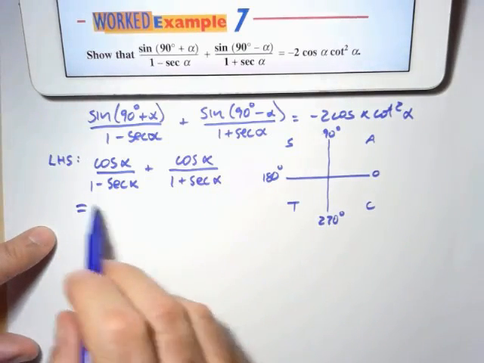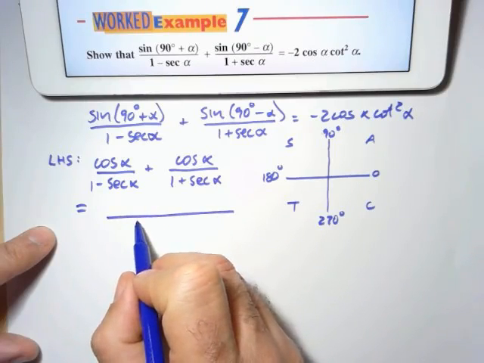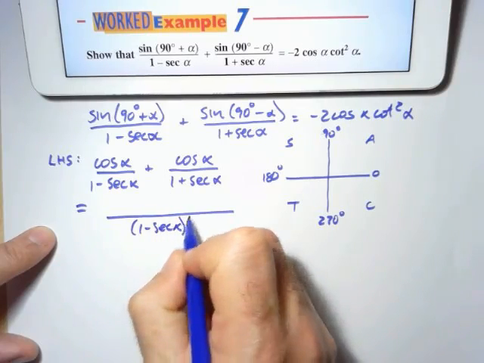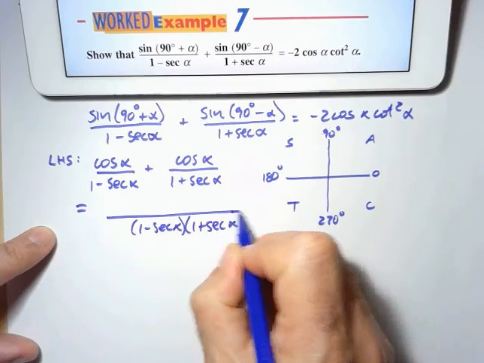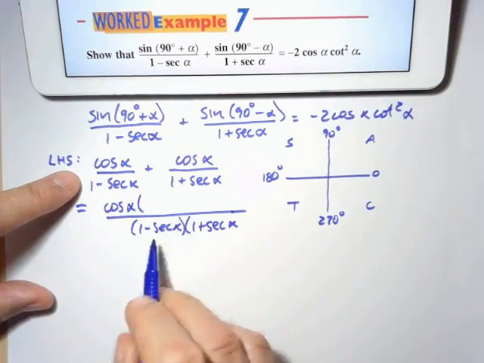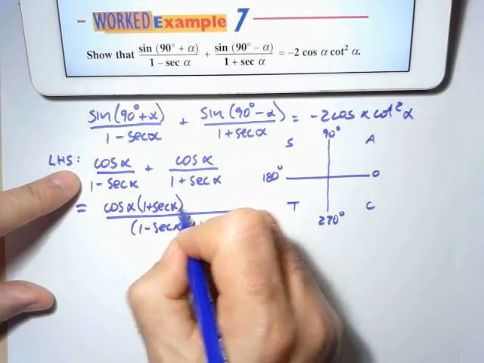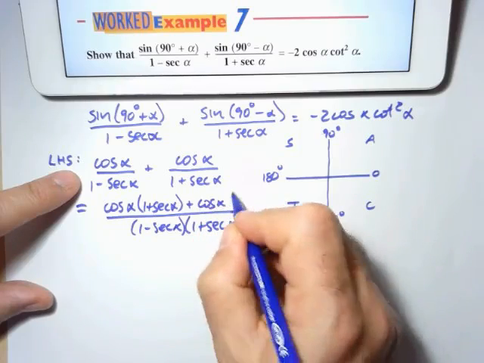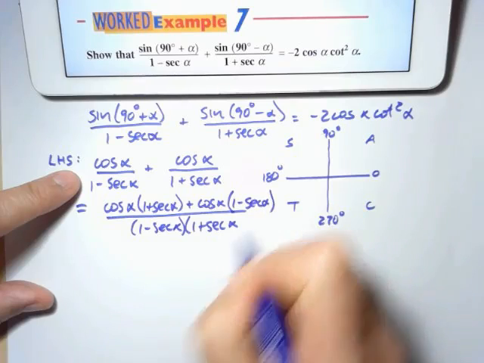This equals, I'm going to get my lowest common multiple, which is going to be 1 minus sec alpha, 1 plus sec alpha. Means I have to multiply cos alpha with 1 plus sec alpha, plus, and this side I have to multiply cos alpha with 1 minus sec alpha.